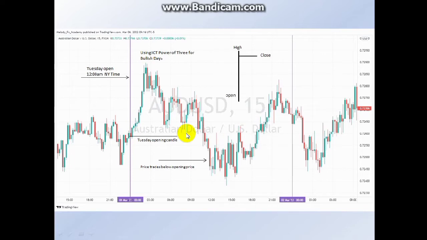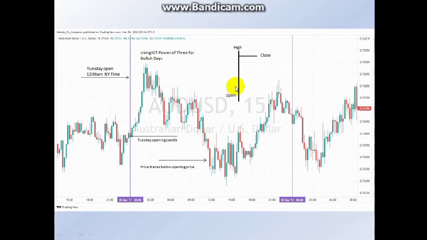Before we dive deep into it, I want to explain a concept to us, the ICT power of 3 for bullish days. If we are expecting bullishness, which we already are, because we are expecting higher prices, and we want to apply the power of 3, how do we apply it to the chart?